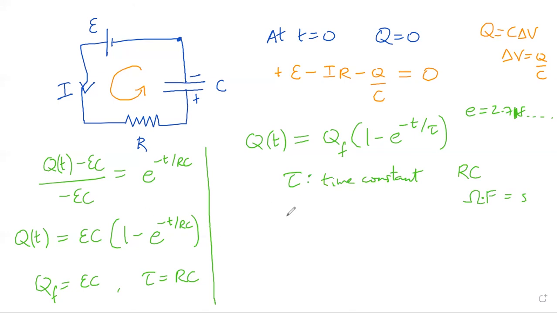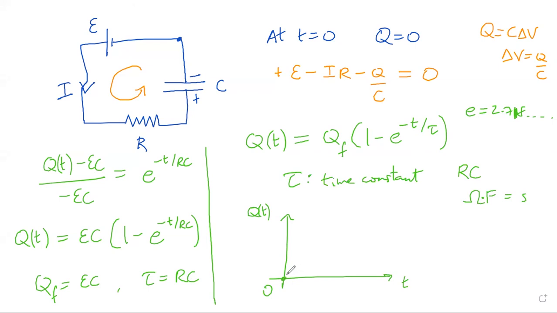If we plot what Q looks like as a function of time, what we see is that at t equals 0, e to the 0 is 1, so you get 1 minus 1 is 0. So it starts out at 0, which is good because that's what physically makes sense.